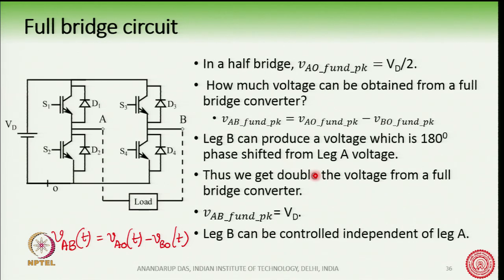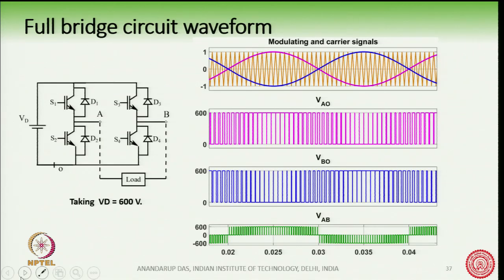Okay. If I do like that, then I can get double the voltage from a full bridge converter. So, if the voltage of phase B is 180 degrees from phase A, here you can see in this curve, suppose the fundamental voltage inside A phase is this much.